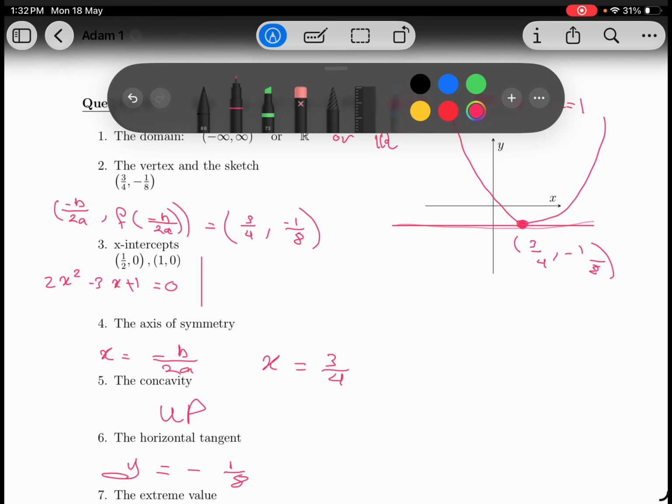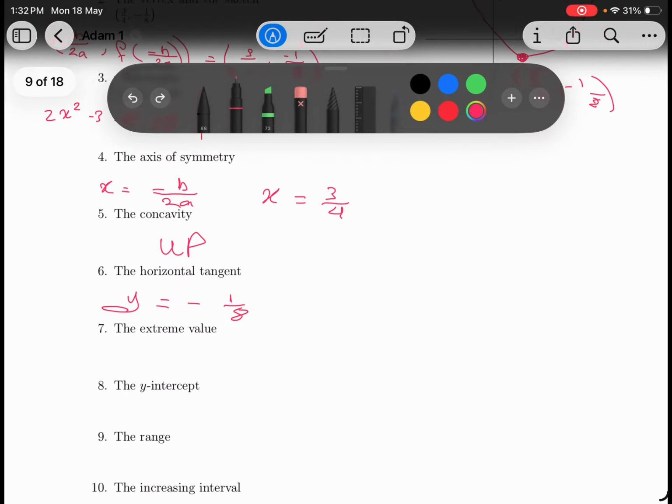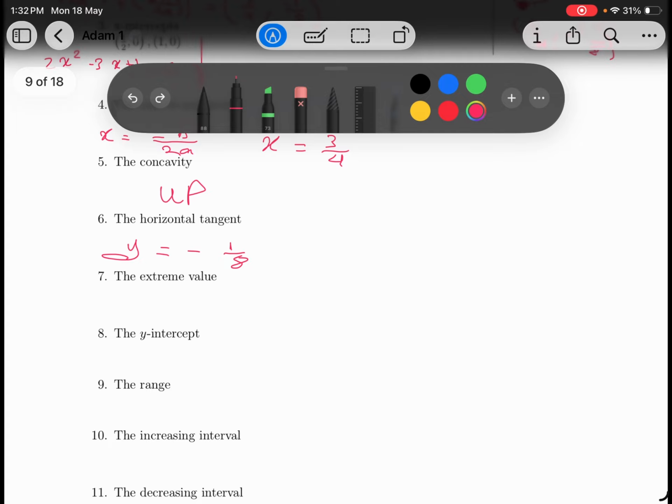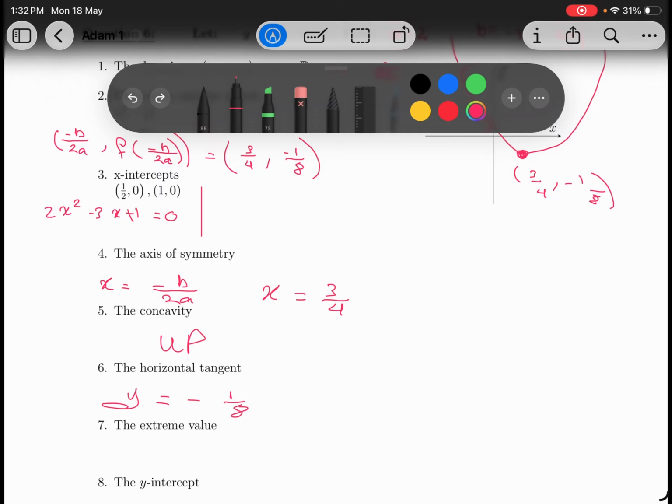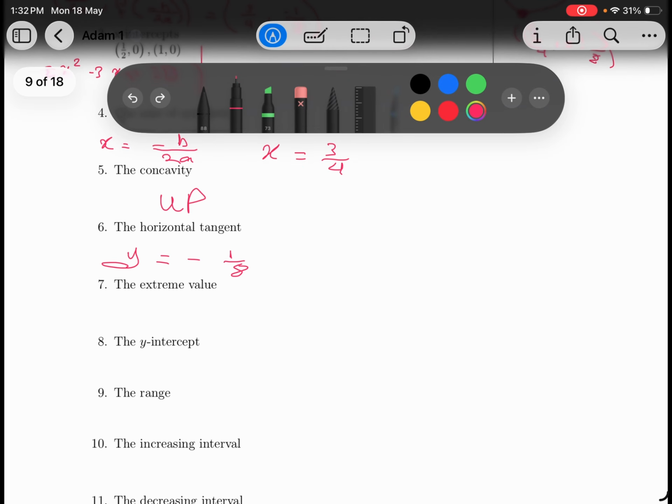The horizontal tangent passes through the vertex, which is the lowest point on the graph. And here what we have, the extreme. So the extreme here is a minimum. It occurs when x equals 3 over 4 and the minimum value itself equals -1 over 8.